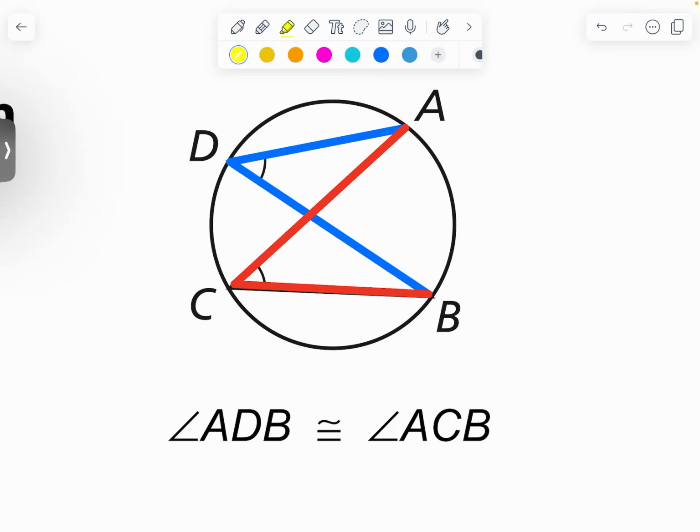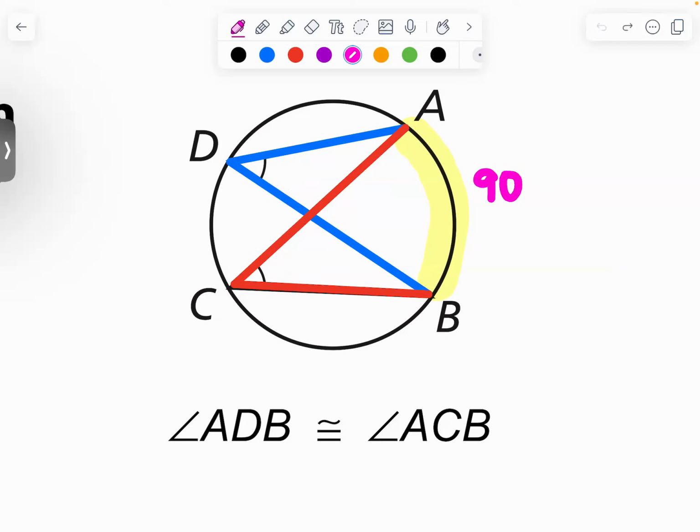So they're intercepting the same arc. Do you see that? Okay, so if AB is a certain measure, let's just say it's 90 degrees, then we know angle D would have to be 45 and angle C would have to be 45 because we would cut that in half, right?